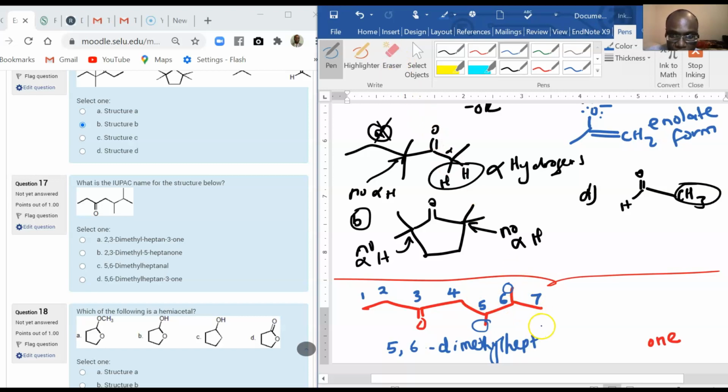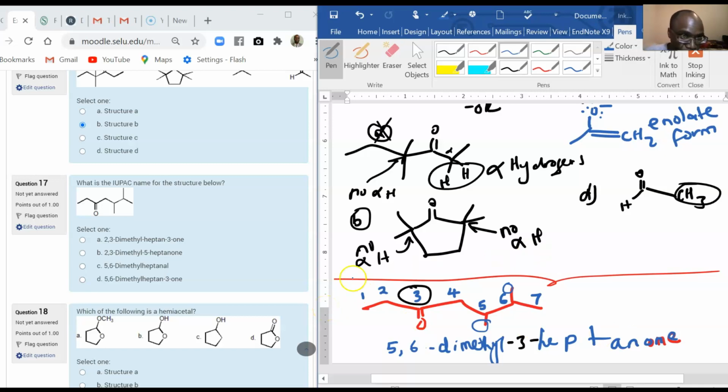But we have to specify the position of the carbonyl of the ketone, so we'll say 5,6 dimethyl 3, meaning this 3 position of the carbonyl, because the carbonyl can dance along the longest chain and change positions. So 5,6 dimethyl 3, then heptanone, that would be the name.